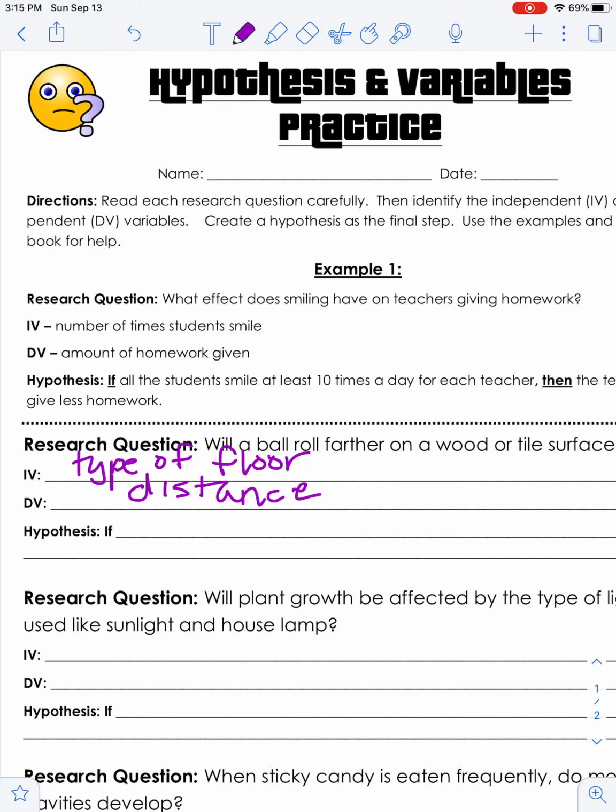So now when you write a hypothesis, you have to choose a side. So you would either need to choose wood or you would need to choose tile. I'm going to choose tile.